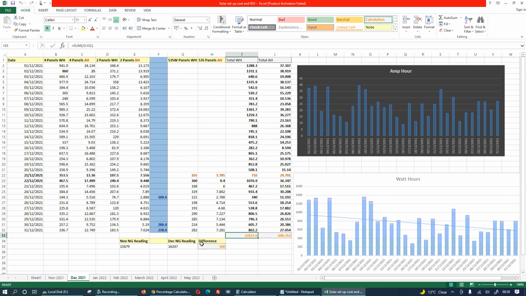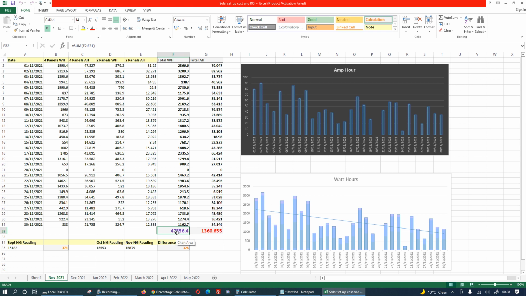And let's go back to December 2021. This is not the best month when it comes to solar energy. As you can see, I only generated around 22.8 kilowatt hours, so definitely I wouldn't have used more than 62 to 72% of that.